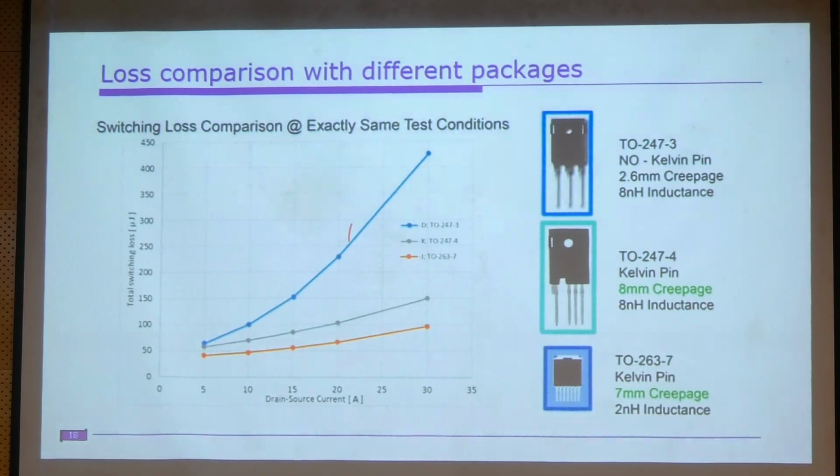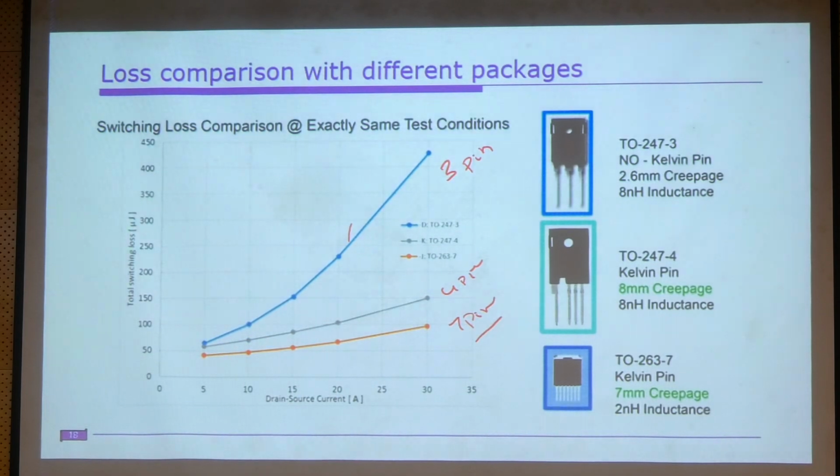This blue one is the 3-pin, this is the 4-pin, and this one is the 7-pin structure. There are multiple source pins: one pin for the gate, one for the drain, and multiple source pins.